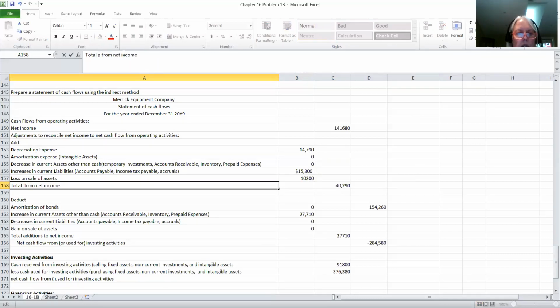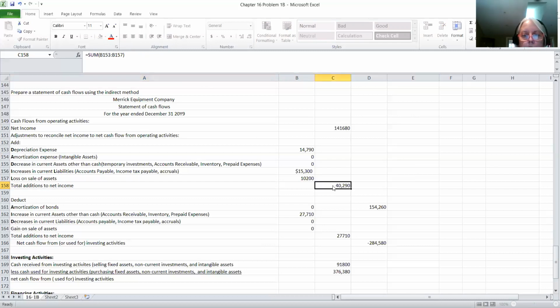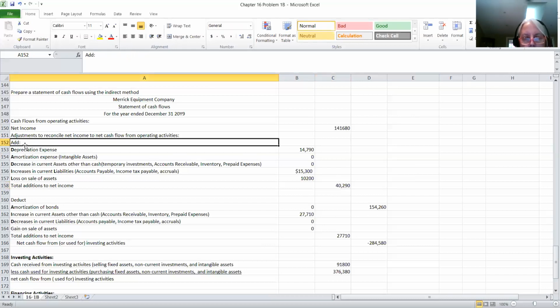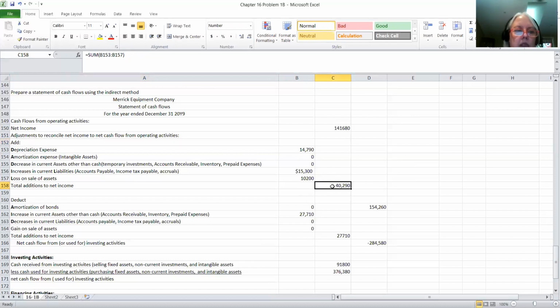These are total additions to net income. And so I combined all of these together. See how I've got add here? We're adding all of these together. This is my total amount of additions to net income.